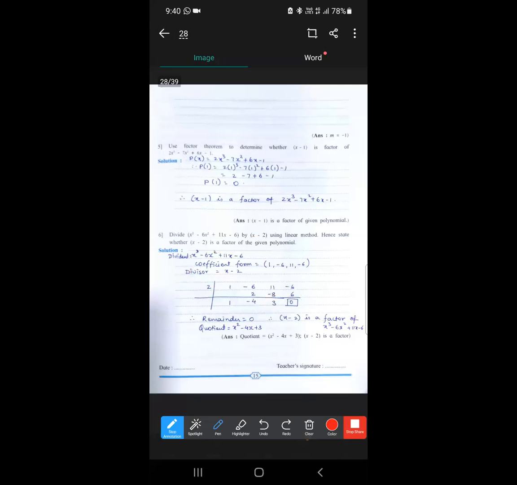Then the quotient. I told you, how many terms are there? 1, 2, 3 terms. So 3 minus 1 will be 2. That is the highest degree. So it will be x square minus 4x plus 3. This will be the quotient. The divisor is already given, x minus 2, and the remainder is 0.